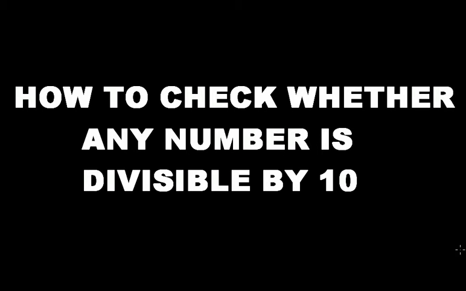In this video, let's discuss how to check whether any number is divisible by the number 10 or not. So for that, suppose we take a few numbers like 100, then 200, then 205, then 1000, and 10,205, then suppose 10,000.